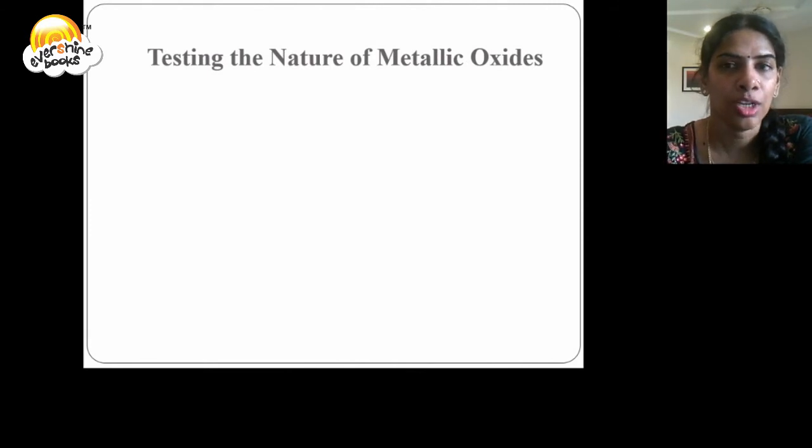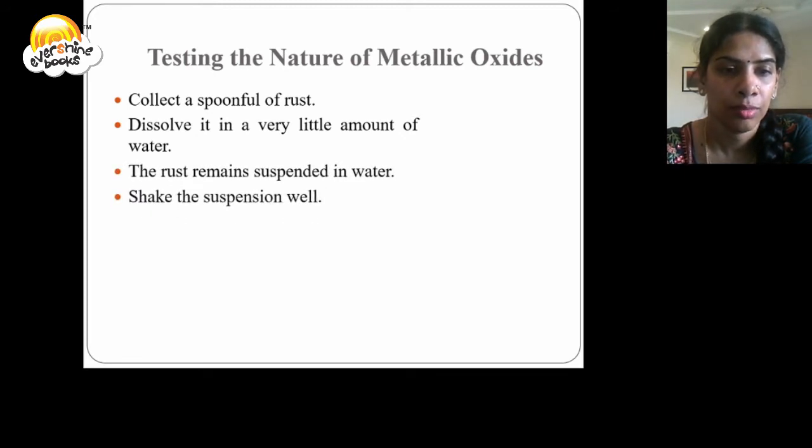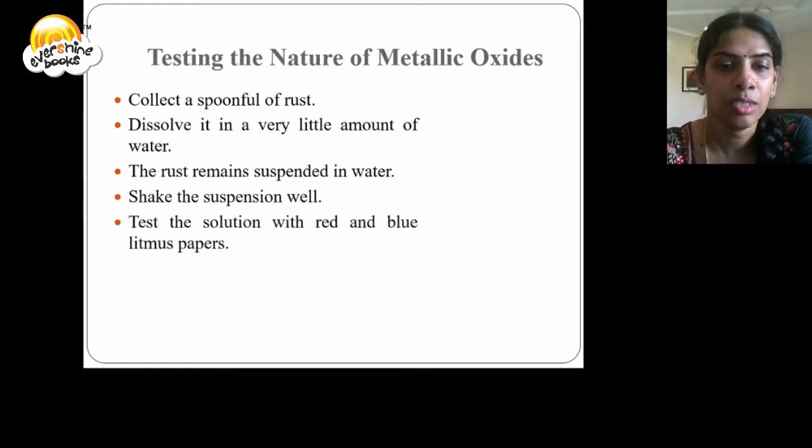How to test the nature of metallic oxides? Collect a spoonful of rust. Dissolve it in a very little amount of water. The rust remains suspended in water. Shake the suspension well. Test the solution with the red and blue litmus papers.